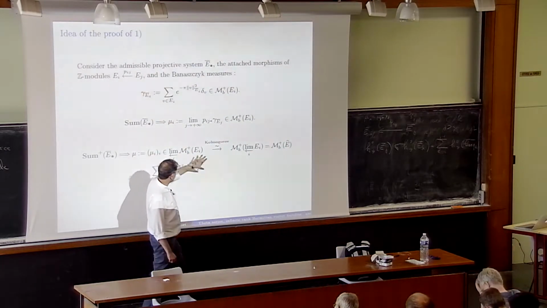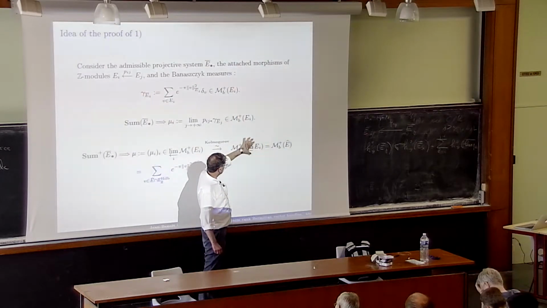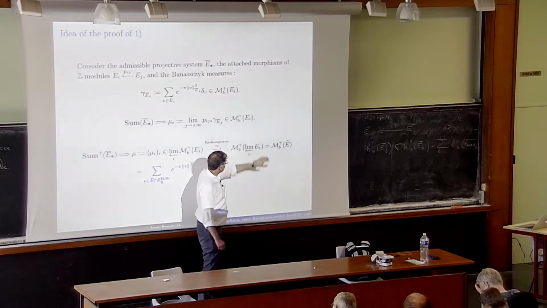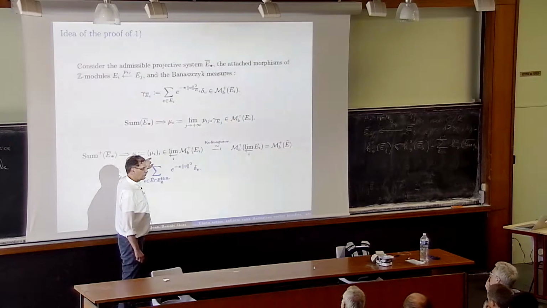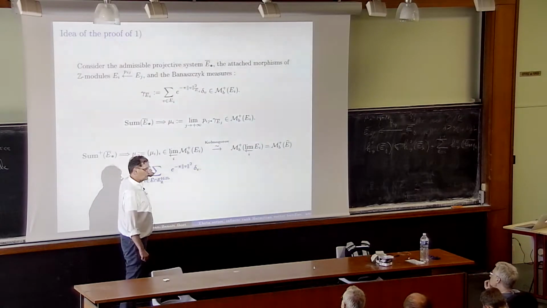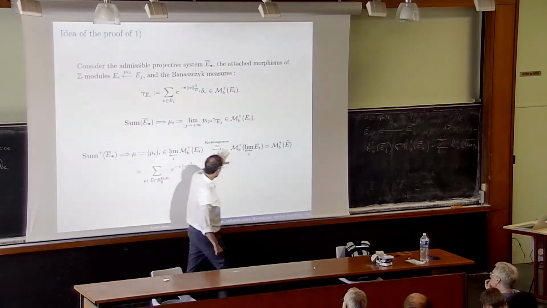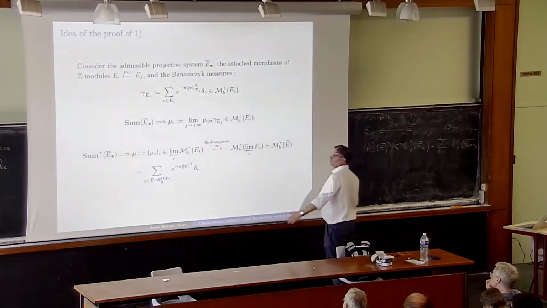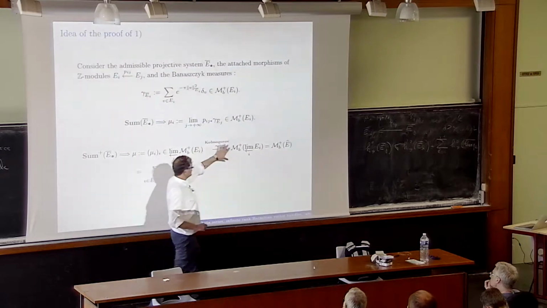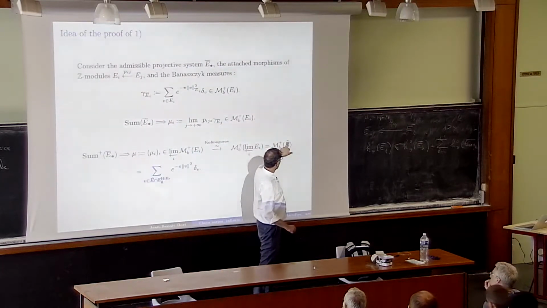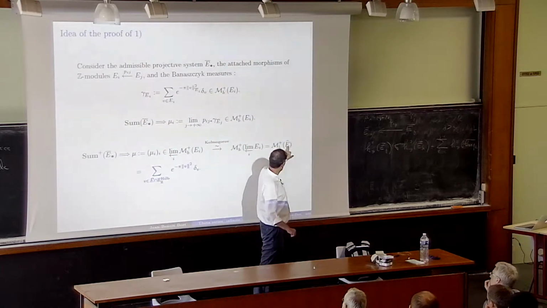And the map that associates to a positive measure of finite mass on this limit, this compatible system of measures at each step, is a bijection. So it means that in this situation, this family of measures may be seen as a measure on this big space that is not countable at all, of course, E hat.